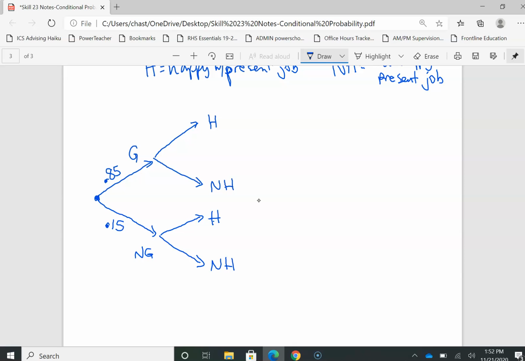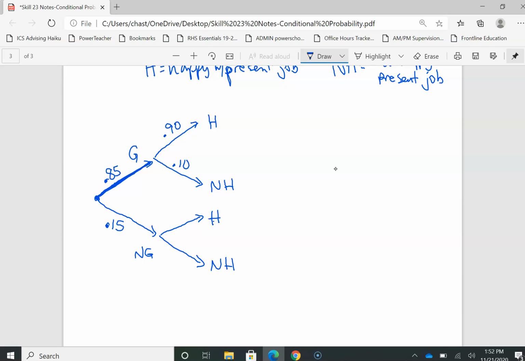If we go back up to the chart, it says of the students who graduated from high school, 90% are happy with their present jobs. So off of this branch, 0.90 are happy. What percent are not happy then? If 90% are happy, 10% are not happy. So 0.10.